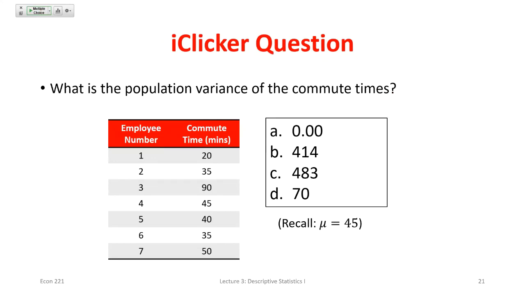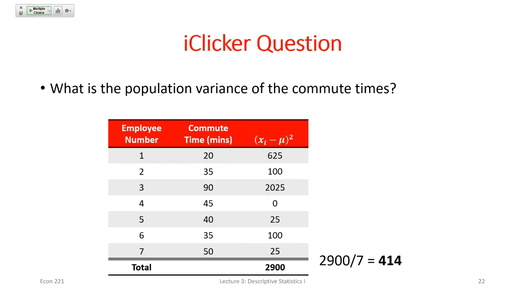So the first question was, what is the actual population variance here? We can rule A out, but then we have to do some work to figure out the next 3. Probably the easiest way to do this is to set up a column right next to the data. Take your x value of 20, subtract the mean of 45, it's negative 25, square that value.